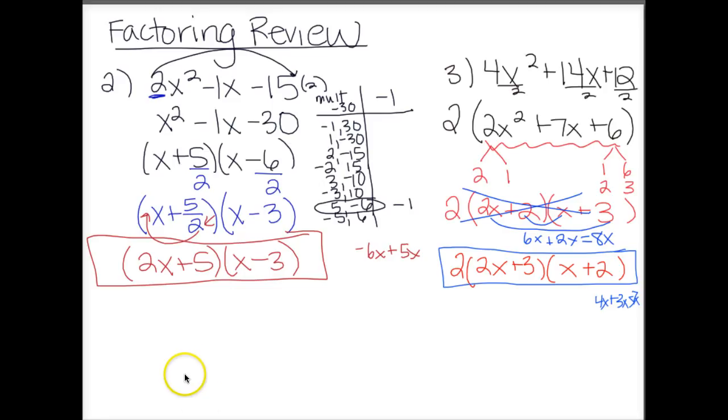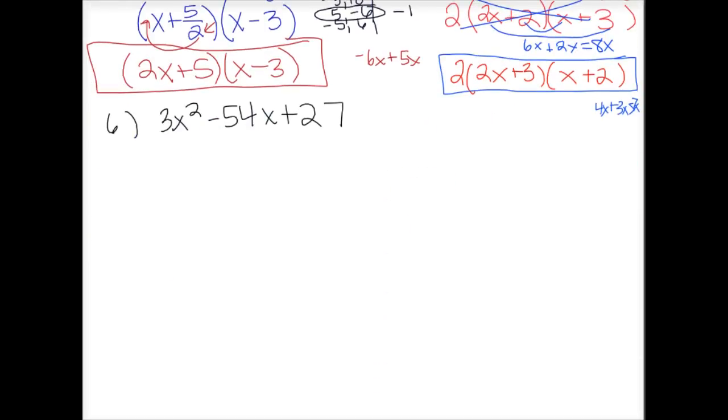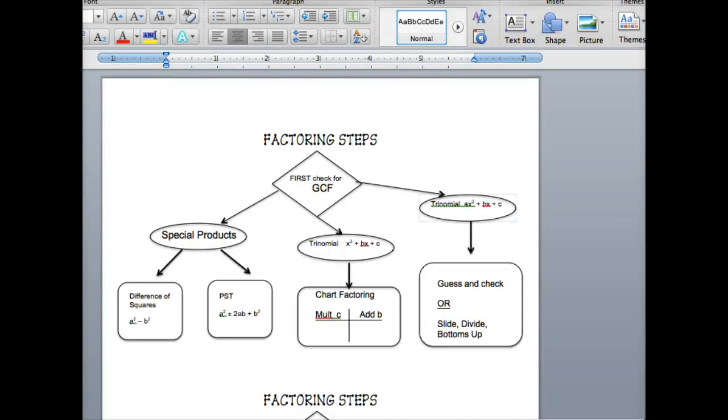All right, next one we're going to look at is number 6, which is 3x squared minus 54x plus 27. All right, so always use the flowchart. And of course you have to know it. You don't get to use the chart on the quiz, so make sure you know the steps.